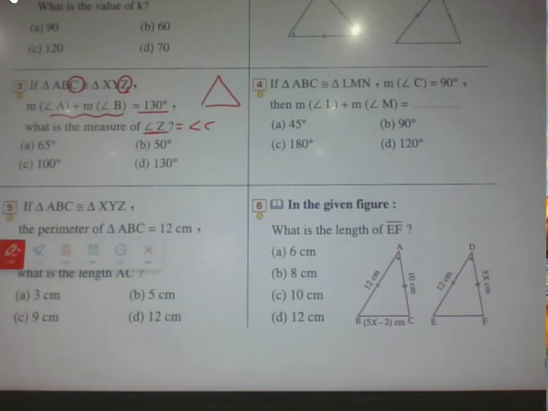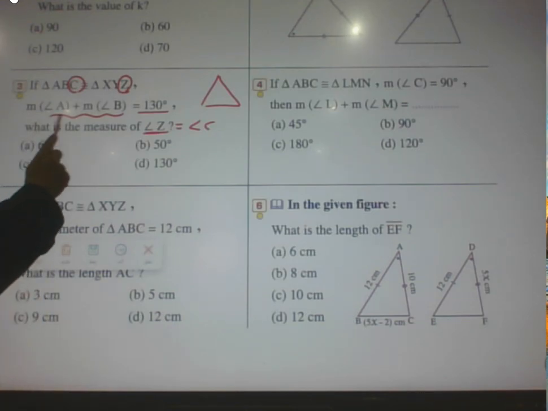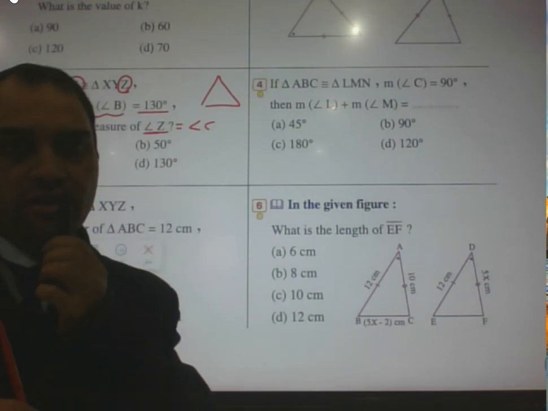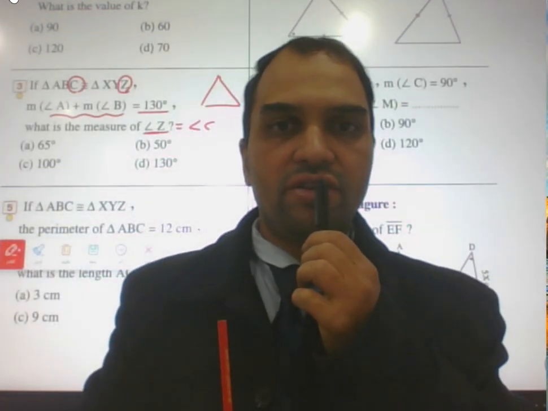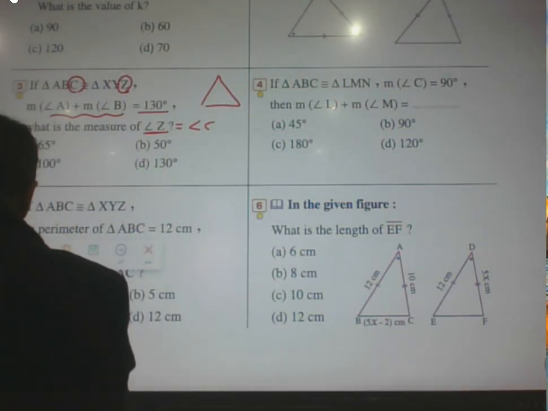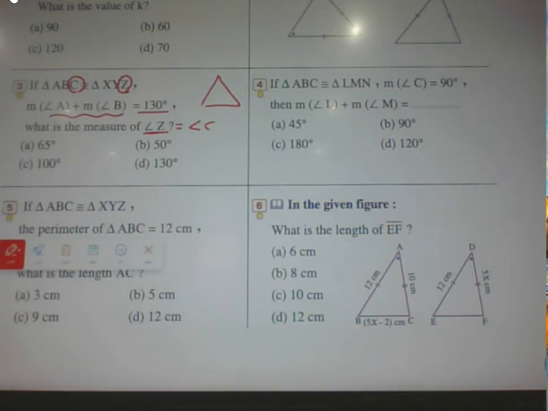He gave here the measure of angle A and measure of angle B added together, 130. Then 180 subtracted by 130 equals 50 degrees. The measure of angle C is equivalent to the measure of angle Z, equal to 50 degrees. So the answer here will be 50 degrees. Okay. Choose letter B. The answer here, letter B.